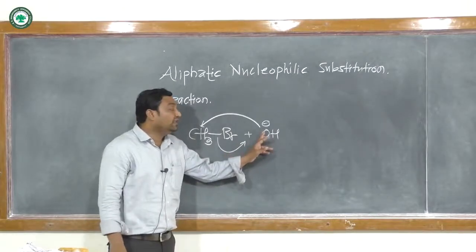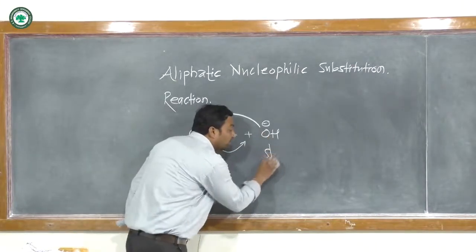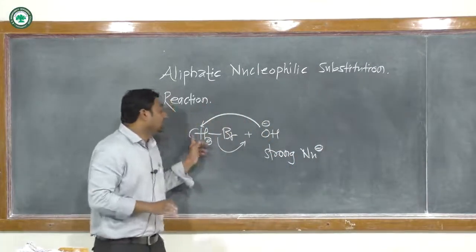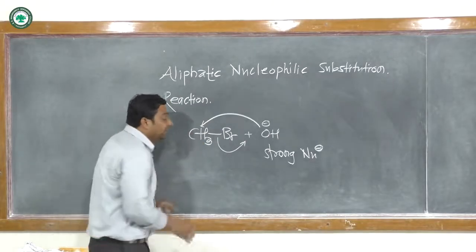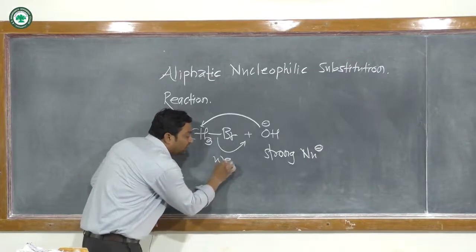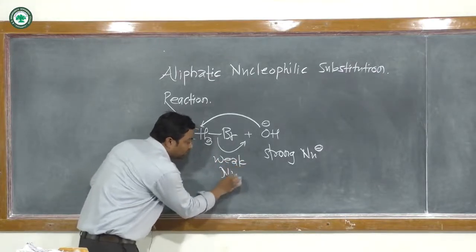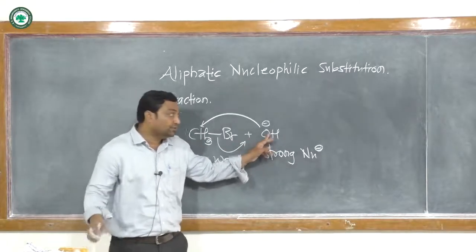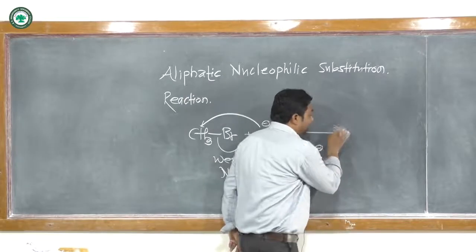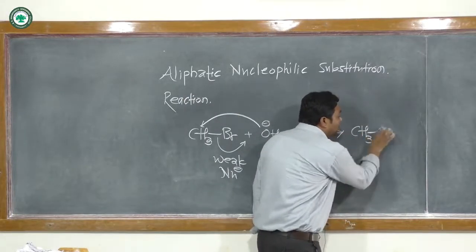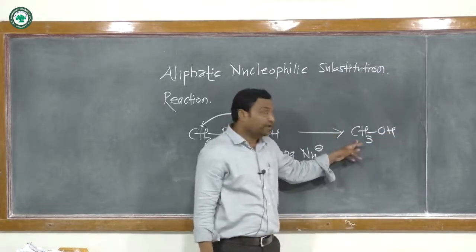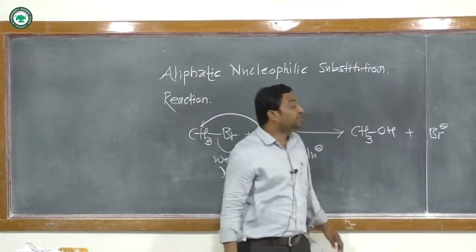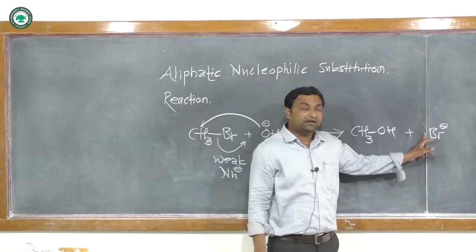When this strong nucleophile attacks the carbon atom, the bromine, which is the weak nucleophile, is substituted by OH negative to form methyl alcohol as a product, with the removal of KBr or NaBr.